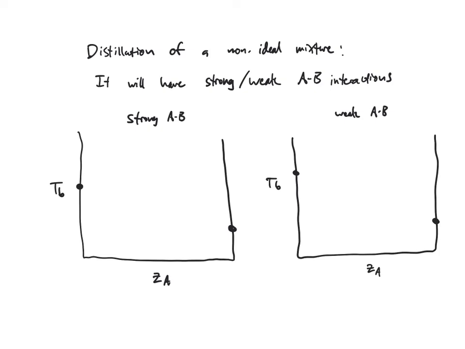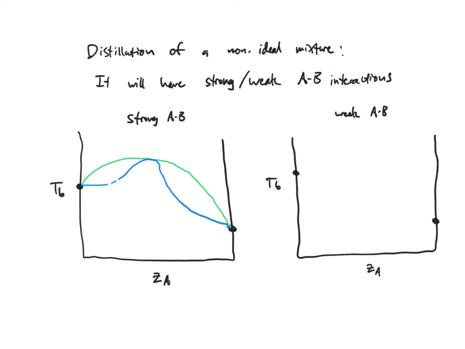So for systems that have strong AB interactions, the vapor is going to curve like that. And then the liquid is going to curve in an even stranger way. It's going to come out like this, come up like this, touch, and then come down and go like that. Weird, huh?